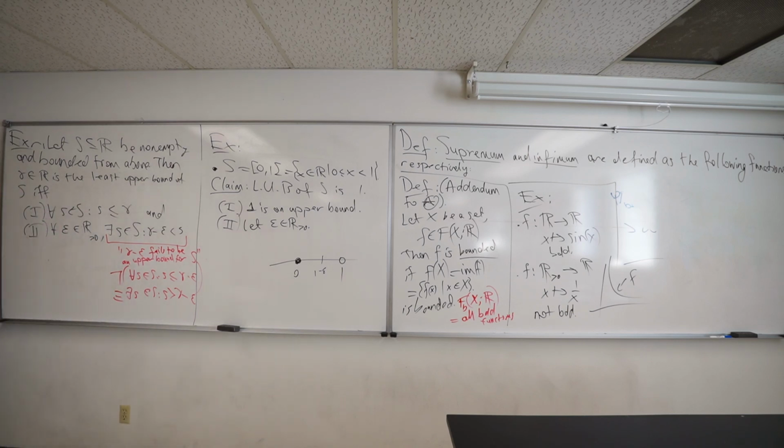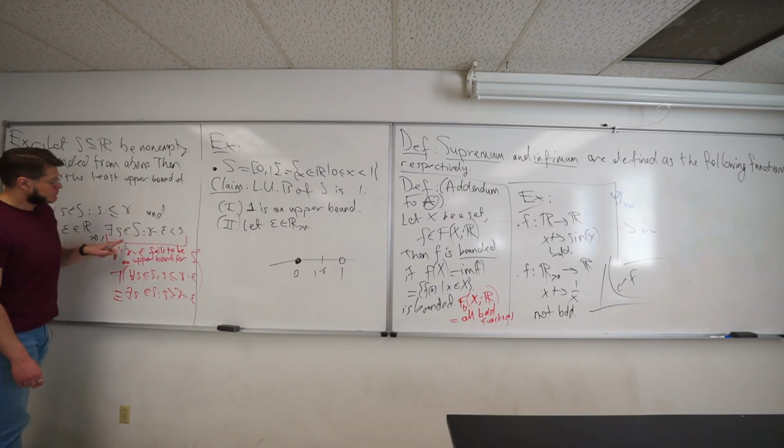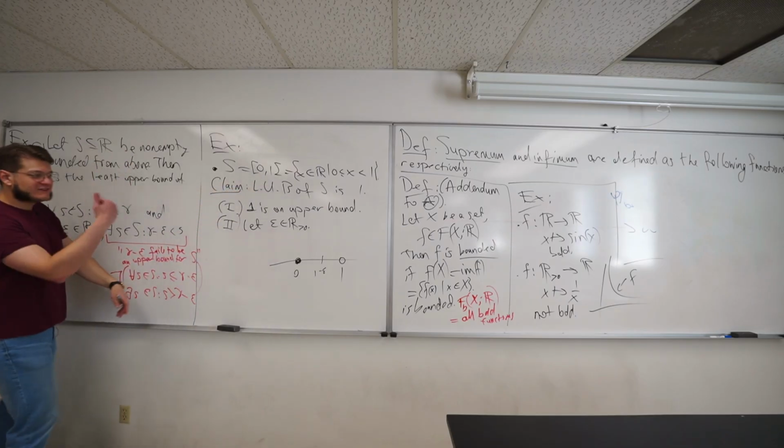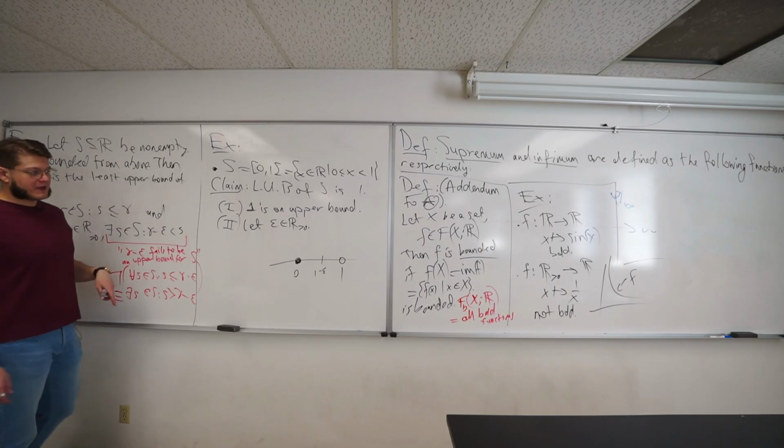How can I do that? Right, so for any positive epsilon, I need to be able to display some point in my set that exceeds this supposed upper bound.